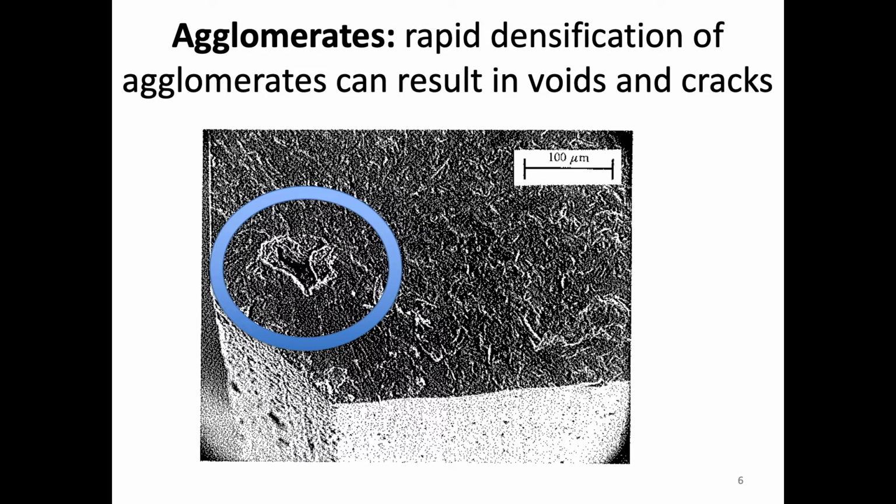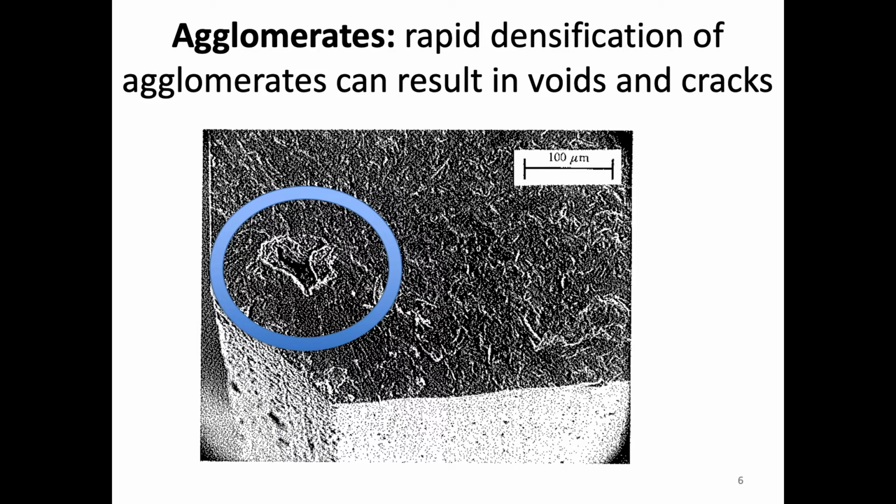This collection of particles can actually result in rapid densification if they act differently than the rest of the material. That rapid densification in one localized area can result in voids and cracks from that difference in sintering in that one location.